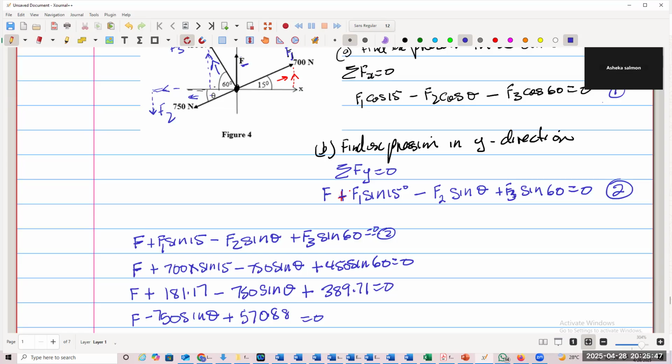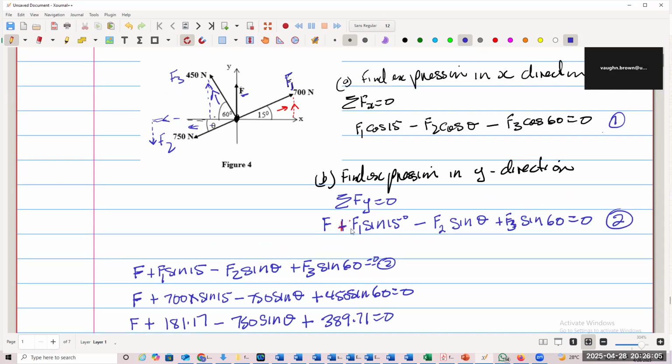I'm getting 570.88. Why do you get that? Do I have a minus, or did I drop a minus? Let's check that. Was any of these minus? This was the minus one. These were positive, right? That was positive going up. What was this F1? F1 was also positive. So they're supposed to be adding.